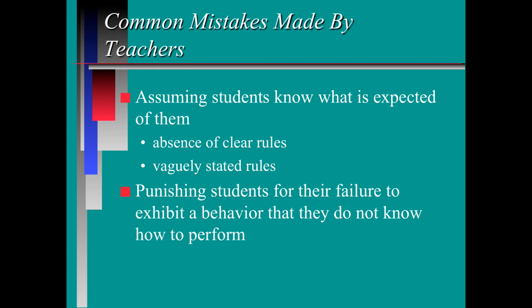The other thing that we sometimes do is we punish students for their failure to exhibit a behavior that they don't know how to perform. Okay, so we have to be very careful and consider the fact that some students do not comply with a rule because they don't know how. It's not that they're not willing to do so.